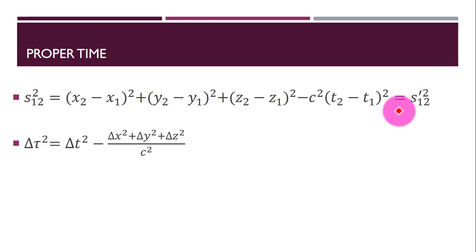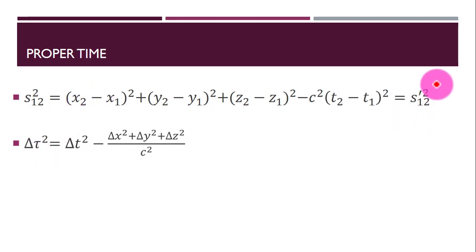So when in the S prime frame the two events are occurring at the same position but at different times, then the time measured in the S prime frame will be called the proper time, and we have defined it as delta tau square.